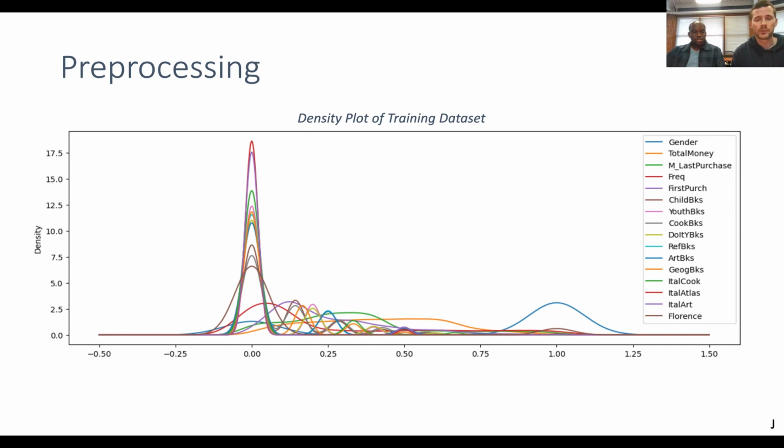I also showed the density plot of the training data set because the distribution of the data would help us in selecting an appropriate algorithm to use. As you can see, the majority of the data is skewed or even exponential in nature, with the exception of gender, the blue line, which is bimodal, and Florence as well is bimodal. But by far, this is an uneven distribution of data, which we will discuss presents some challenges.